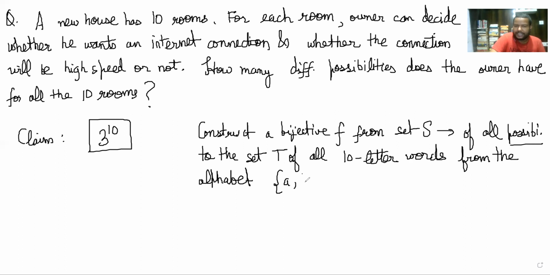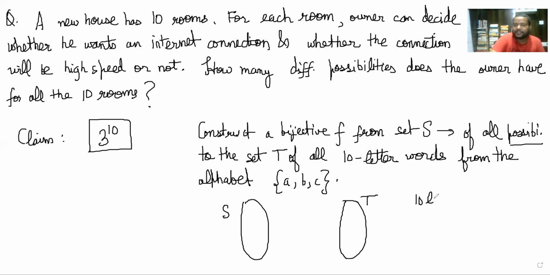So I will make it clear right away. Set S is the set of all possibilities for all the rooms. Set T is basically the set of all 10-letter words that can be formed from the alphabet ABC, right?